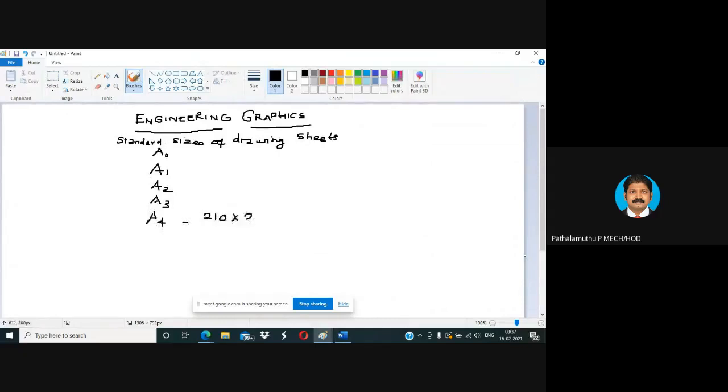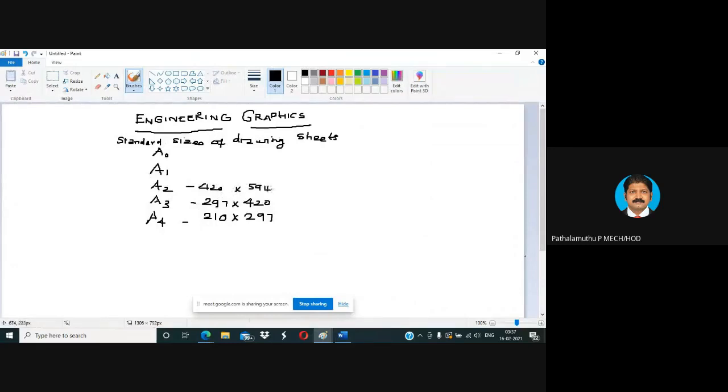The A3 size is 297 mm into 420 mm. A2 size is 420 mm into 594.